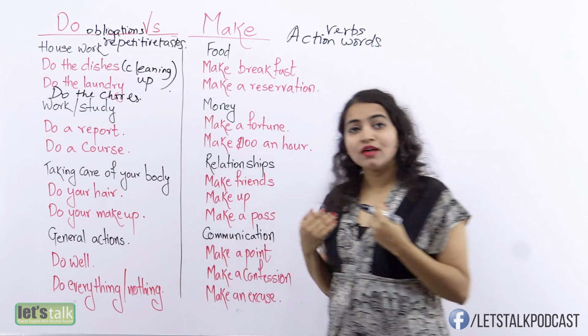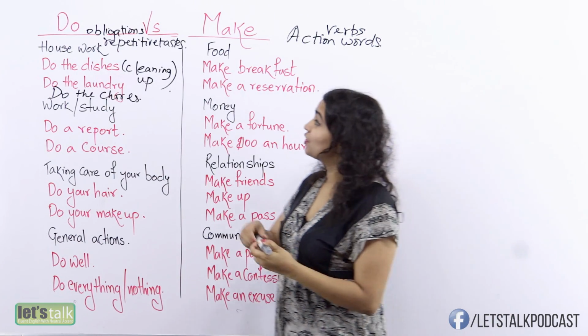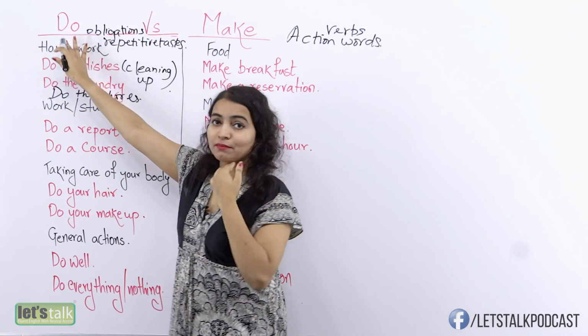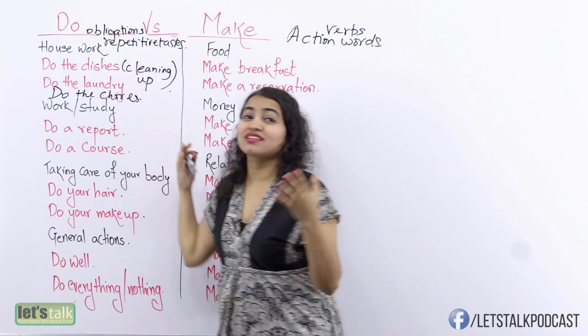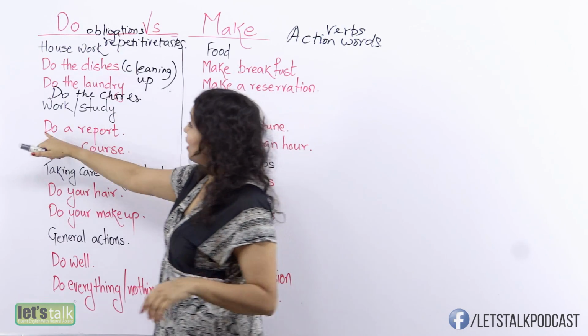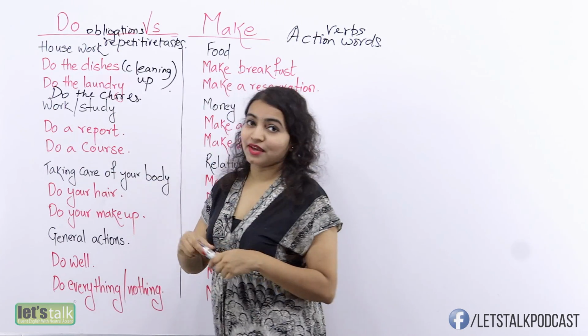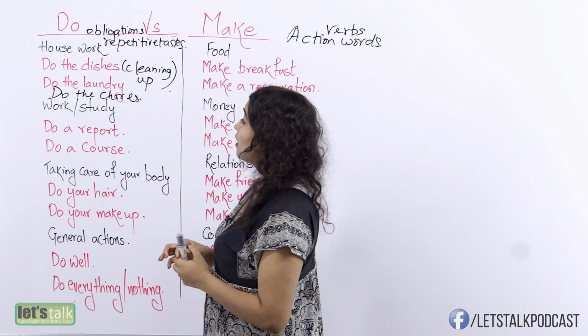So when I'm at home, I do the chores because my mom's not around. Okay, so that's how you will use the word do when you're talking about housework, because that relates to an obligation that you just have to do. You can't do otherwise.